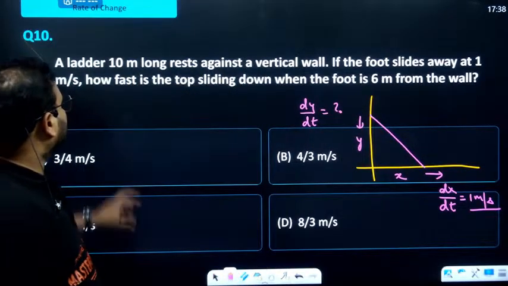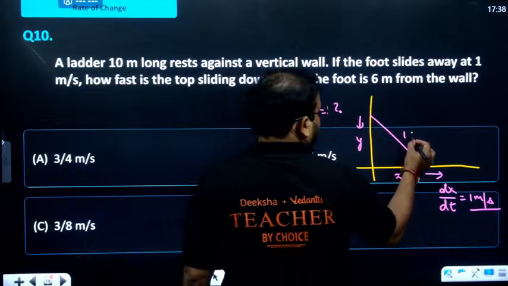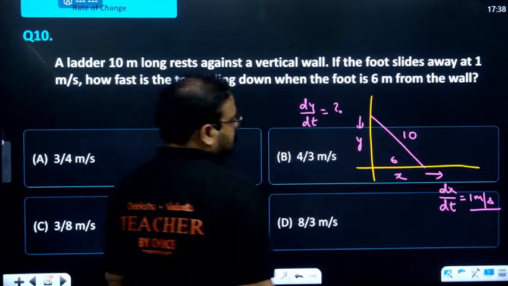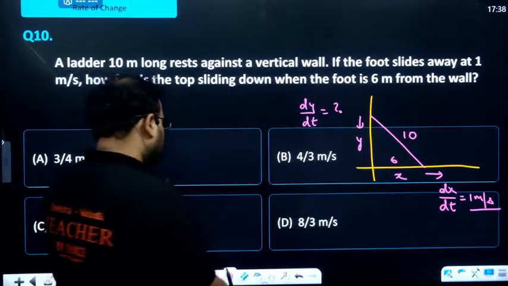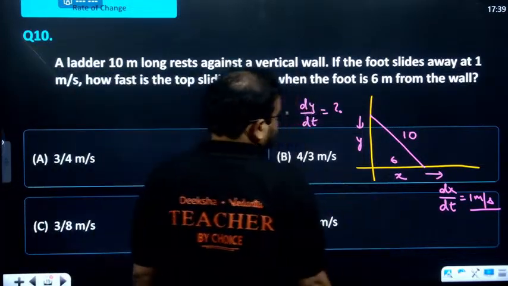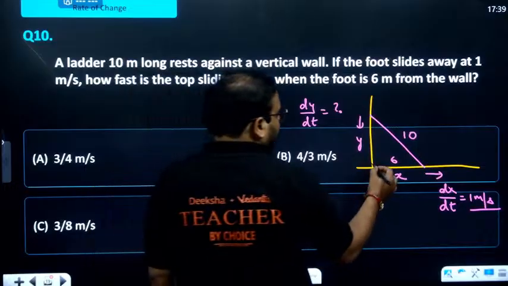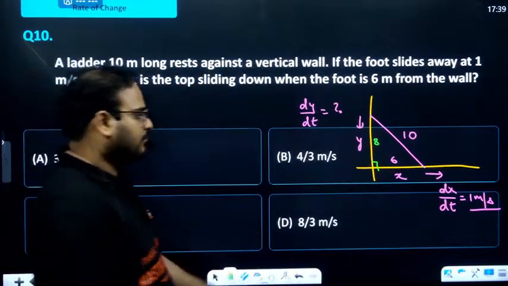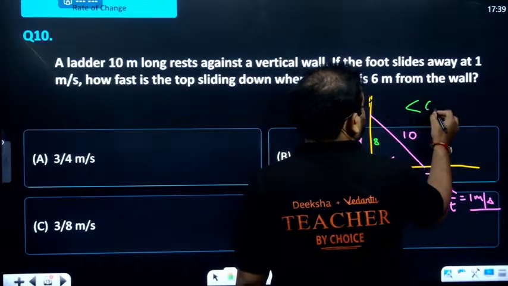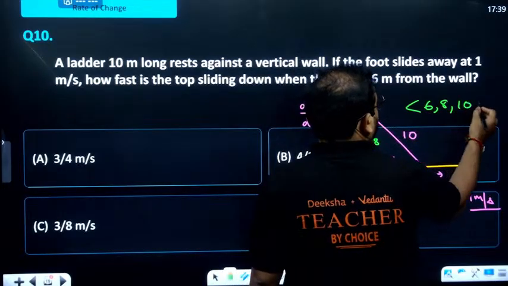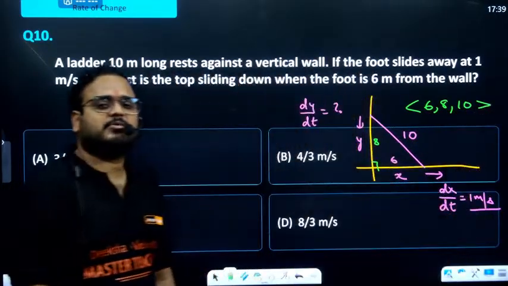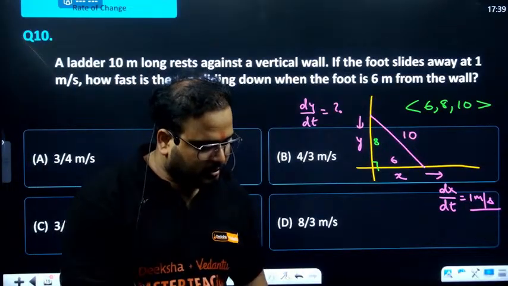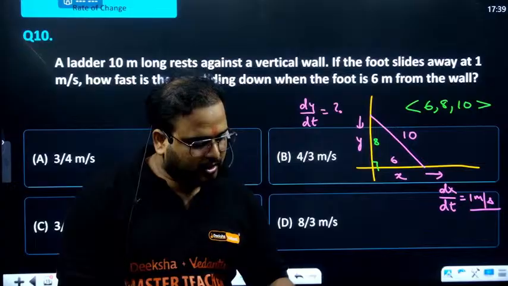Given that ladder length is 10 and the foot is now 6 units away. This is a right angle triangle, so this value must be 8, because 6, 8 and 10 is a Pythagorean triplet. 6 square is 36, 8 square is 64. Add them, it becomes 100, which is the square of 10.